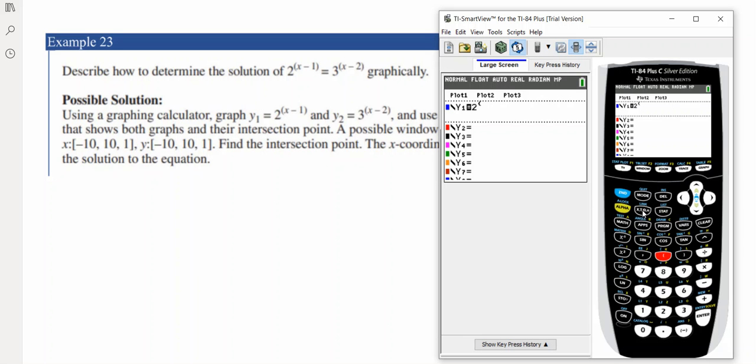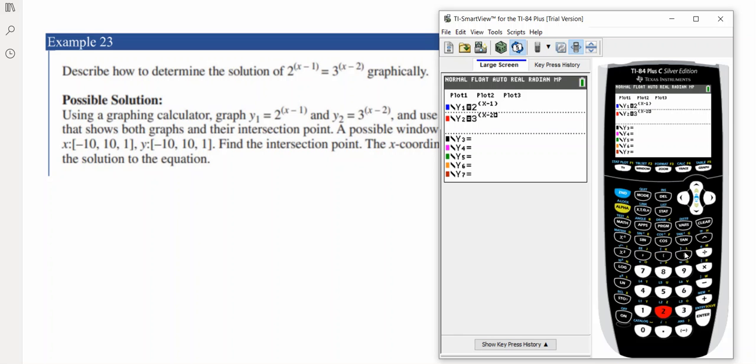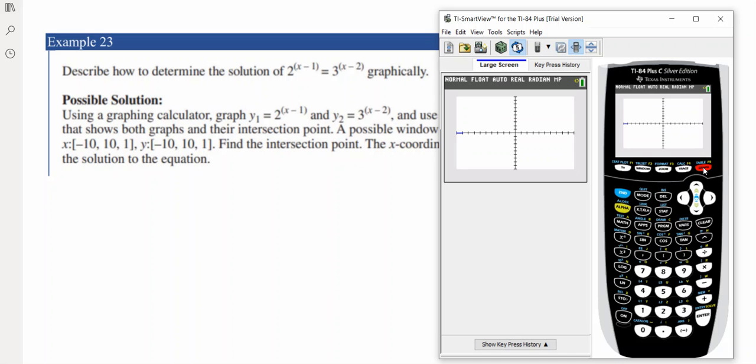So then x minus 1. And then I'll close my bracket there. Okay, so that's my first one. So then I'm going to go down and put in my second one. So now we have 3 to the power of, and then I'll put in brackets, x minus 2. And close the bracket. All right, let's see what we got. So now I'm going to go graph.